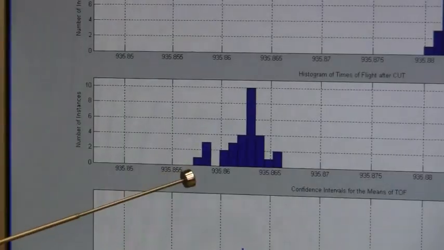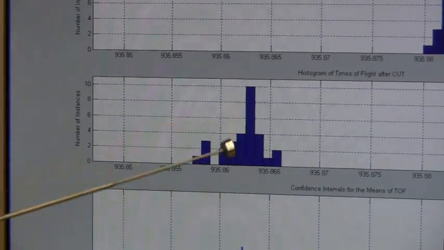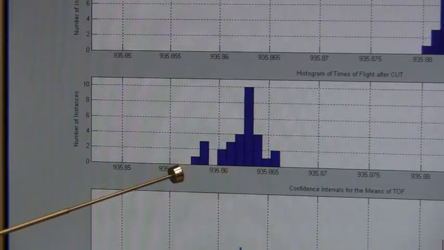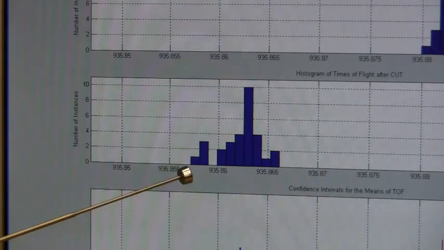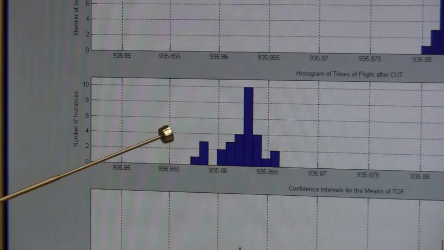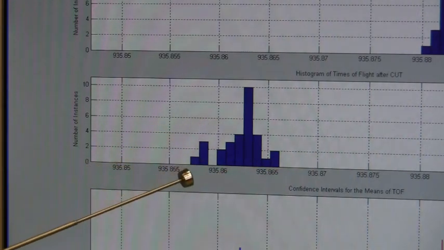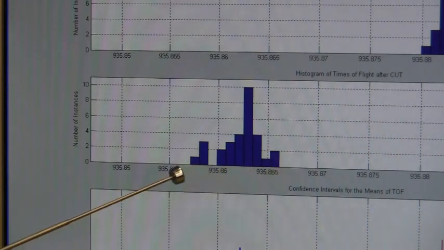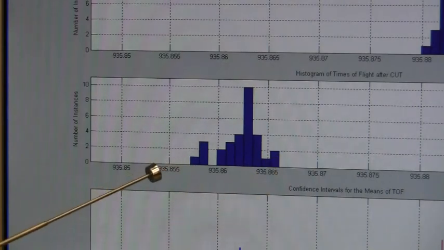Well, this is the second 30 after the cut, and you can see that the numbers here are smaller, in other words, it doesn't take as long to go down and back on the cable. And again, these are separated by 3 picoseconds, so it's about a 2, maybe 6 picosecond range.